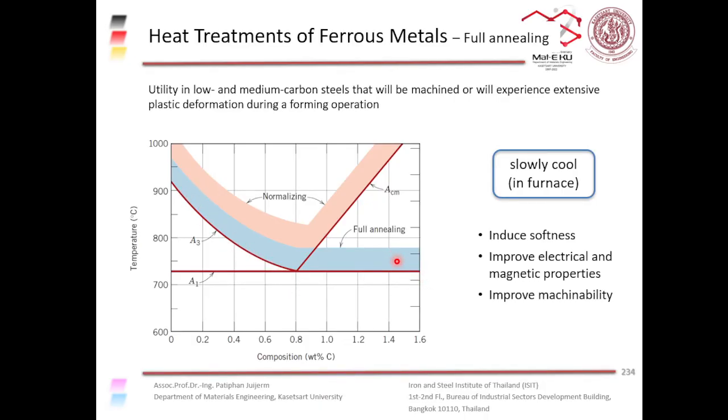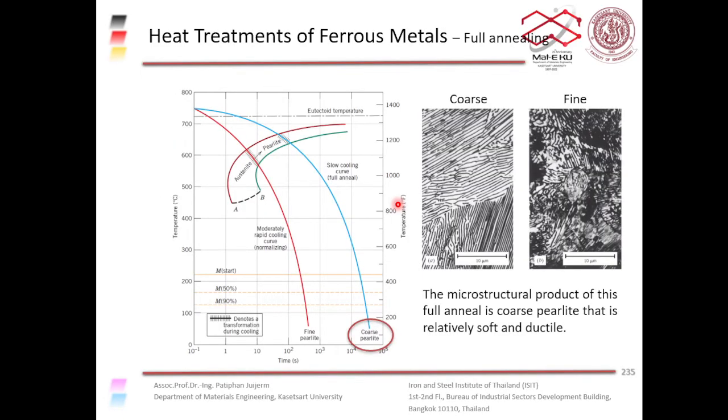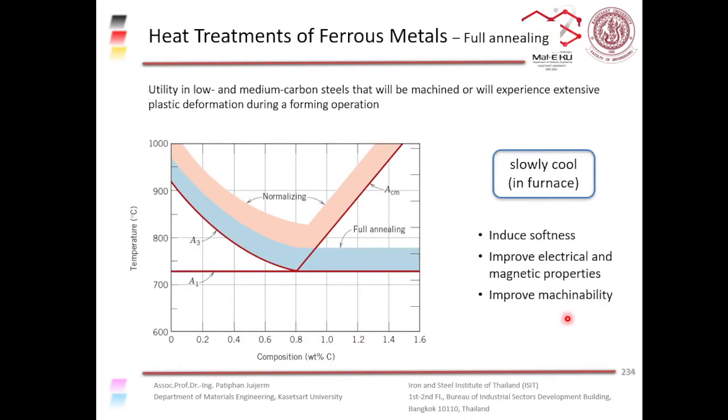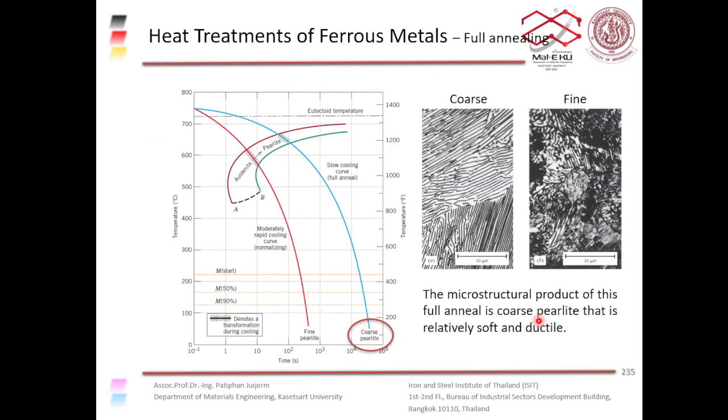We don't mind the gamma phase, or we don't mind the cementite phase, but we want to get rid of all the alpha phase. And then we cool it down slowly in the furnace. We just leave it in the furnace, shut down the furnace, and let the furnace cool down really, really slowly. We get coarse pearlite, which is soft, and it improves machinability of our steel.